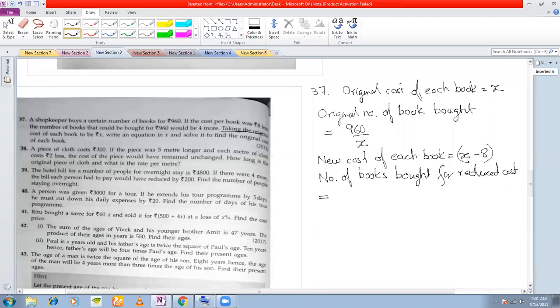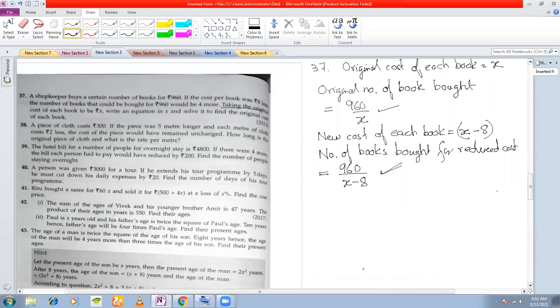Because the cost of each book has reduced by 8 rupees, now he's buying 960 by X minus 8 books. Right? So which fraction is greater? This one or this one? He can buy more books for X rupees for each book or X minus 8. Obviously, if the cost of each book goes down by 8 rupees, he'll be able to buy more number of books for X minus 8. So this second fraction is the greater fraction.